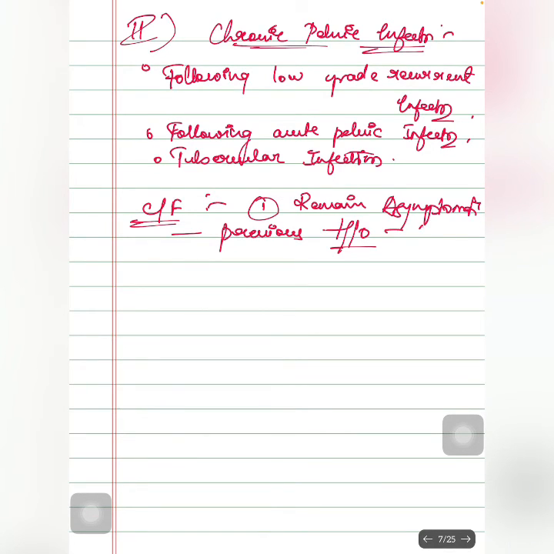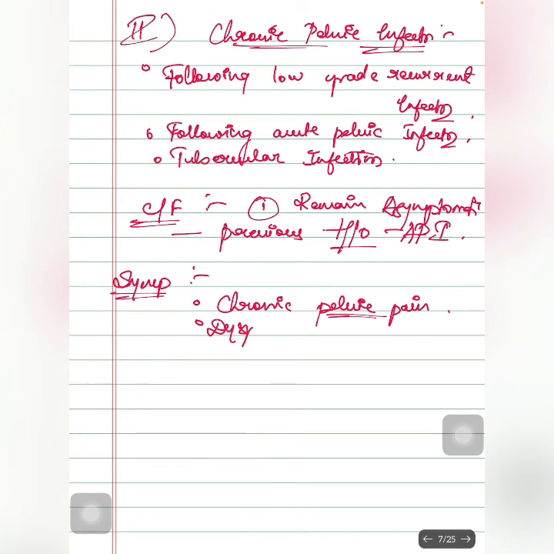There may be a previous history of acute pelvic infection, and the symptoms you will see are chronic pelvic pain of varying magnitude, and pain aggravates prior to menstruation, which is due to congestion. Also you'll see painful sexual act, which is dyspareunia, which may be deep and may be located unilaterally or bilaterally.